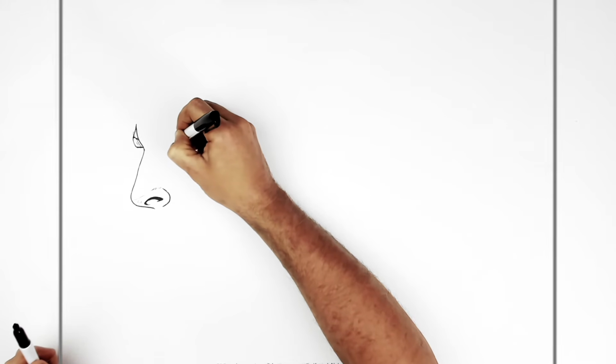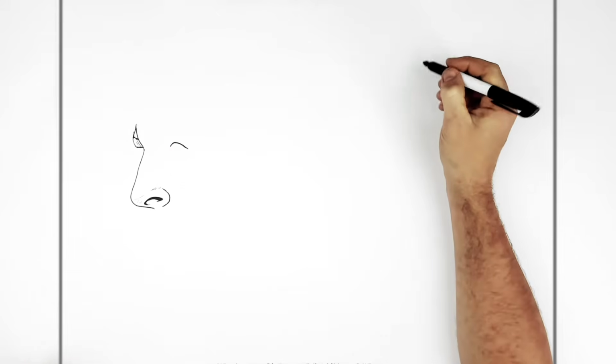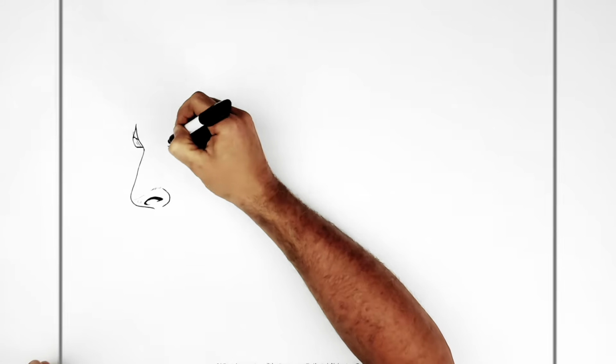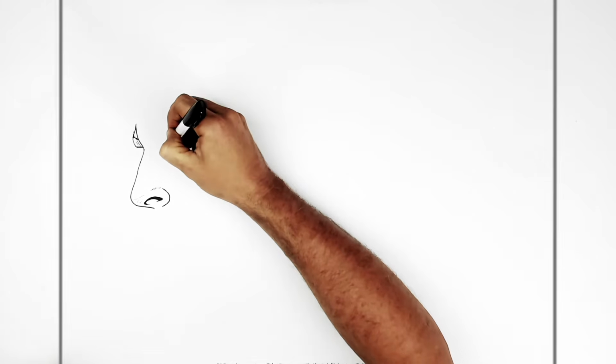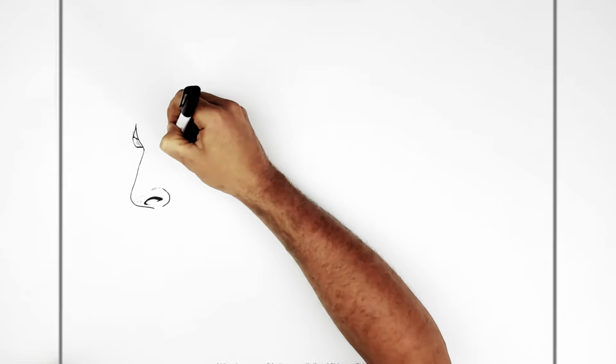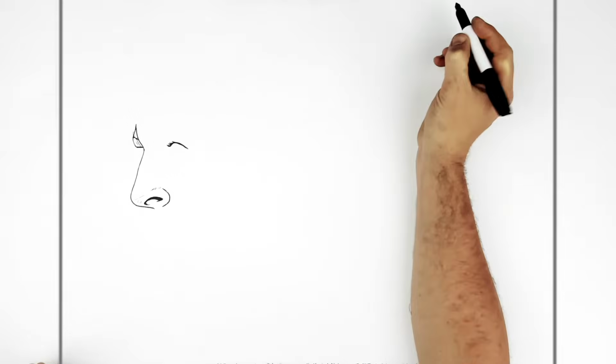So it curves around and down like that, right? And this will be all sort of eyelashes and stuff here, just there on the corner.